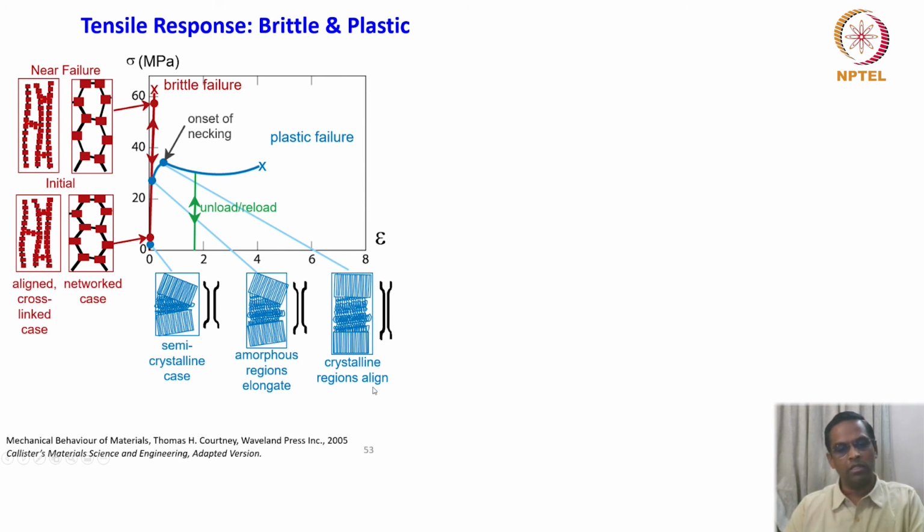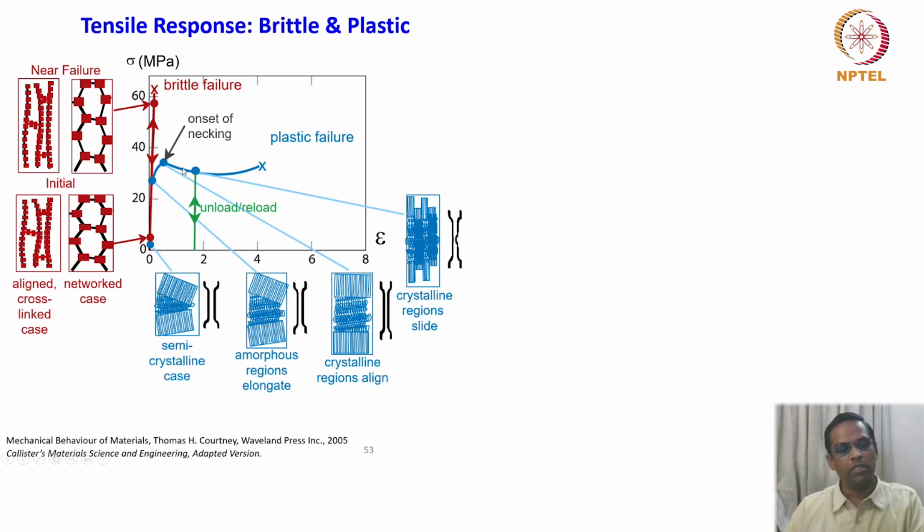Crystalline regions align. So basically, the alignment of these chains takes the load up to this point. Then after the necking, the load drops significantly. That is because the crystalline regions start to slide with each other. So you can see that it is all broken into small segments and then starts sliding with each other.